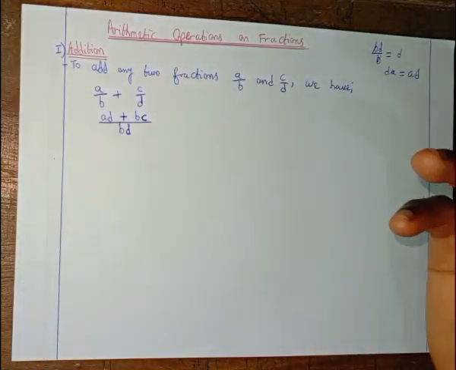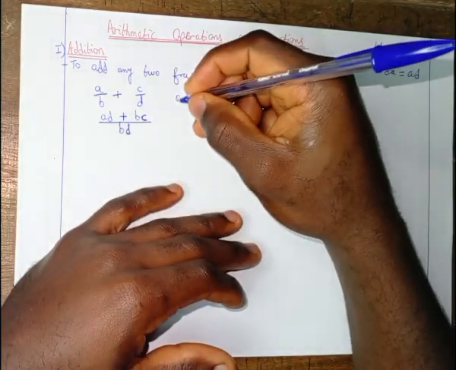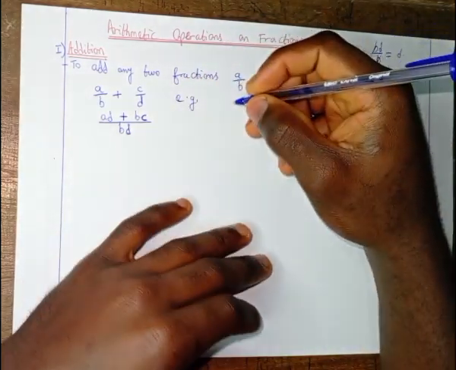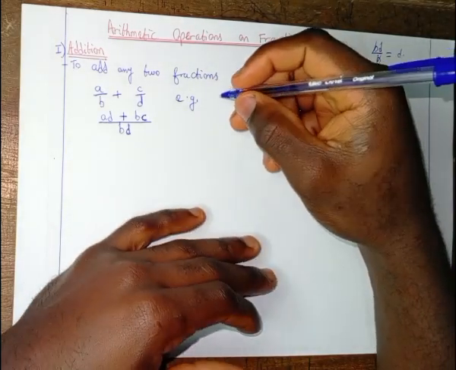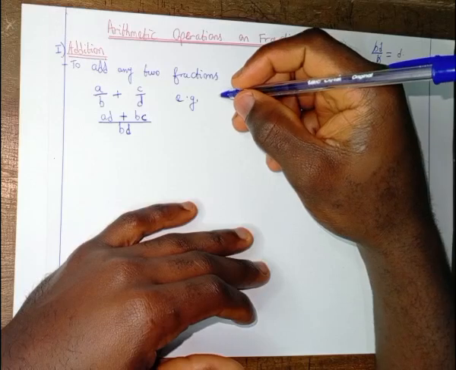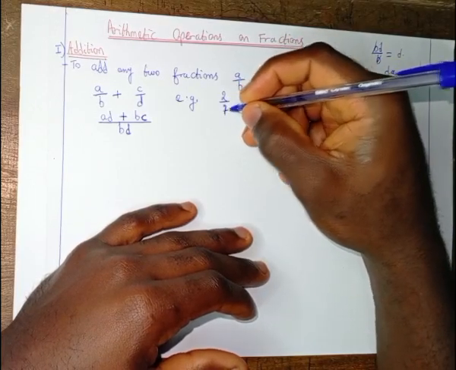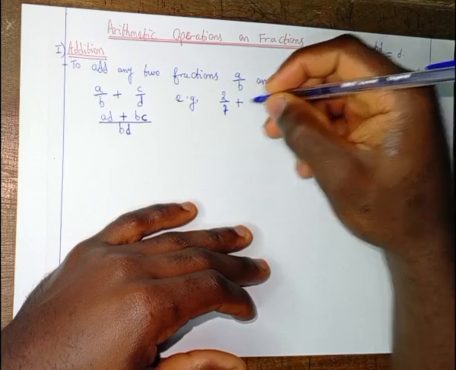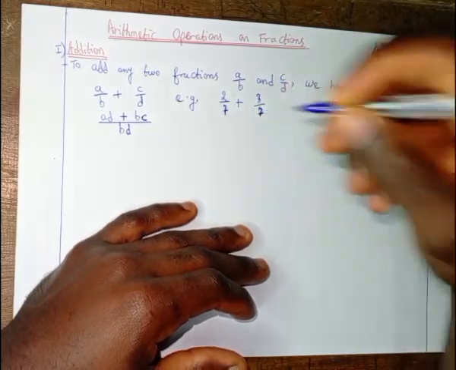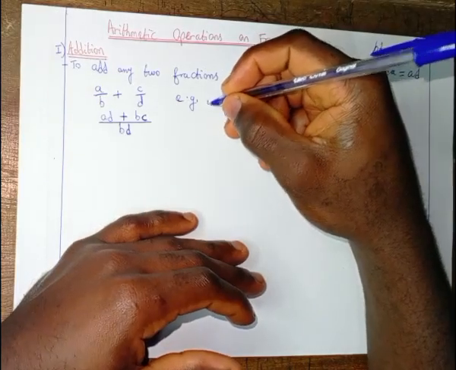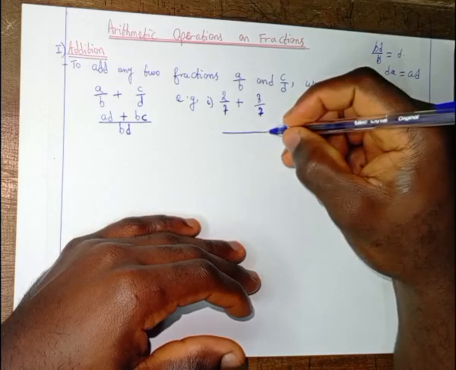Then we can simplify. Let's take an example. Let's add the fractions 2 over 7 plus 3 over 7. This is I, first example. We find the LCM of the denominators.